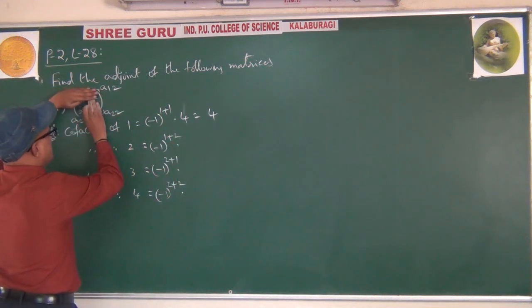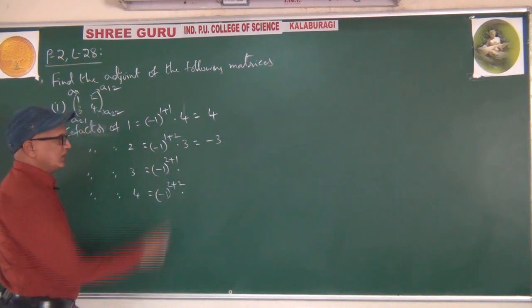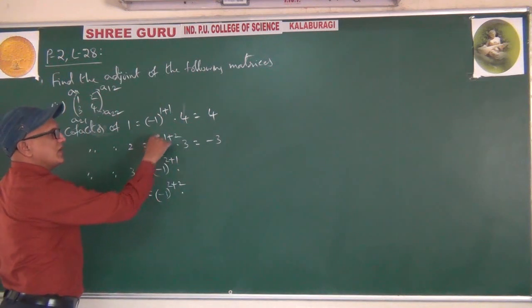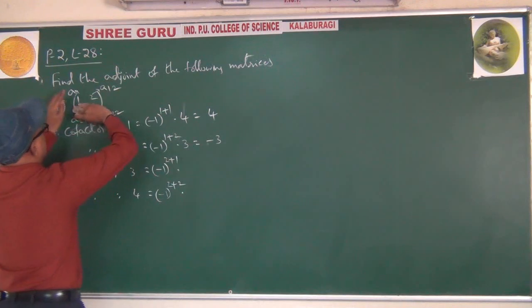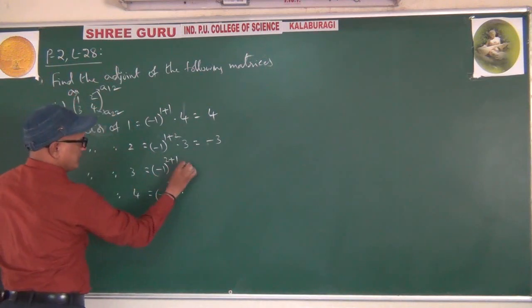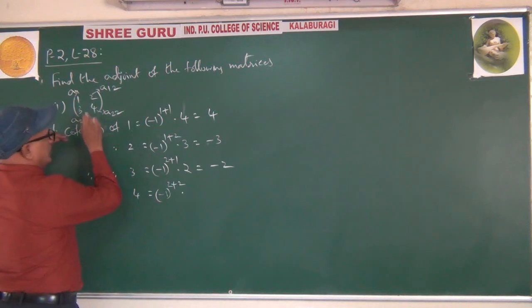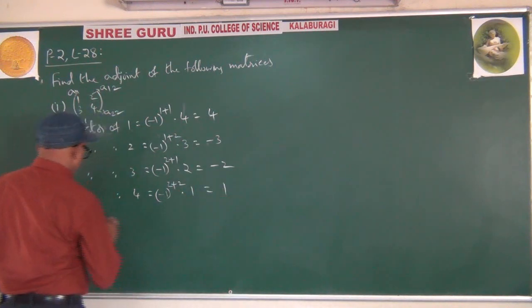Remove that one, remaining 3. 2 plus 1, 3, 1 plus 2, 3, whole minus 1, whole power odd number, it is negative. Into 3, where is 3 here? This row, this one, remove 2. 4, removed 1. That's it.